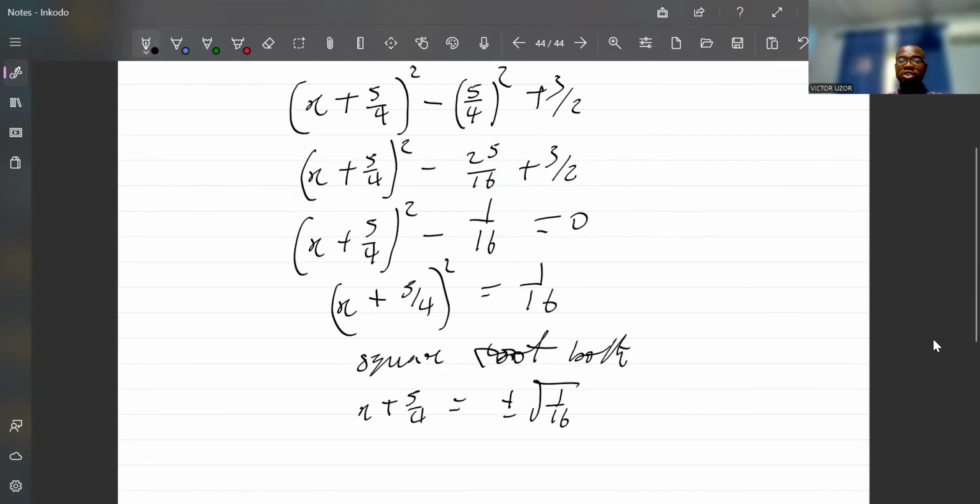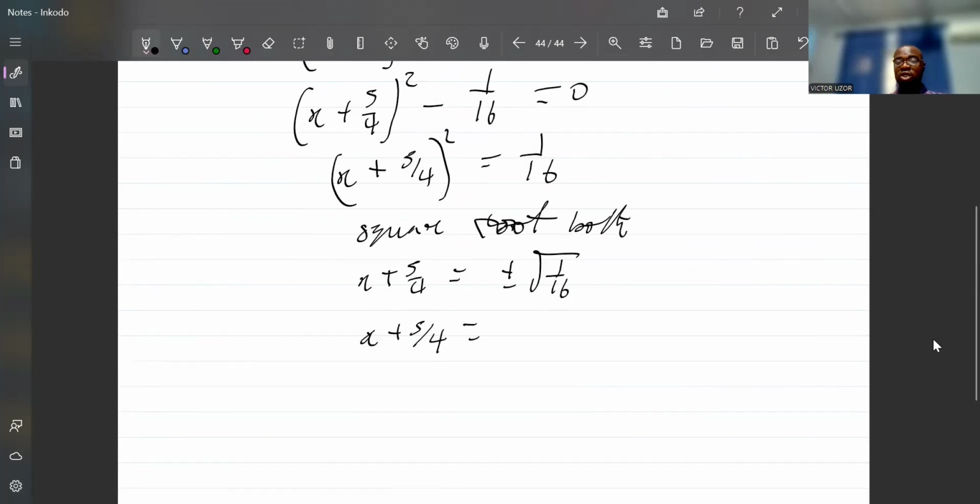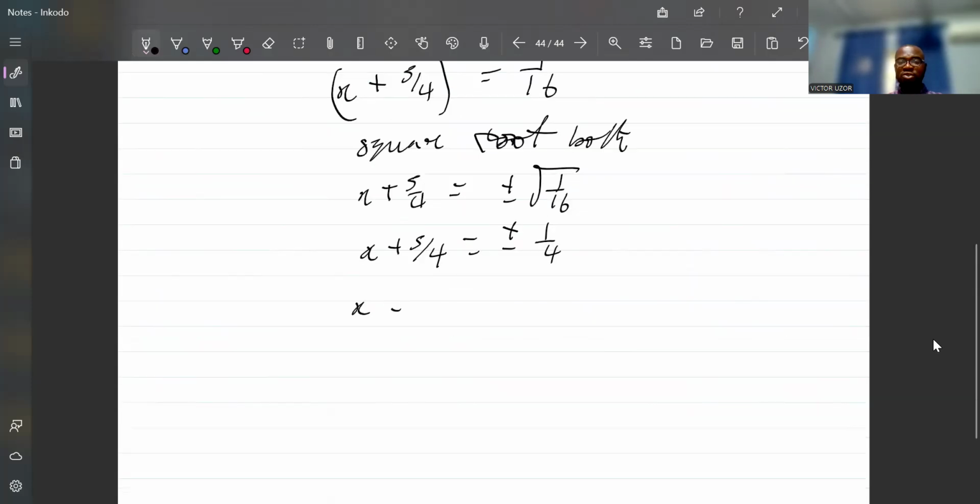And the square root of 1 over 16 will give us 1 over 4. So x plus 5 over 4 will be equal to plus or minus 1 over 4. Then you make x the subject of the formula to get your answer. x equals negative 5 over 4 plus or minus 1 over 4.